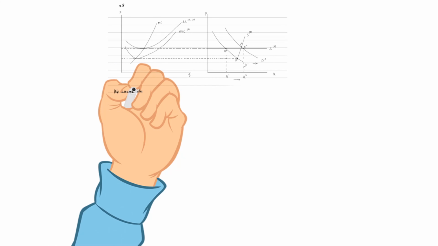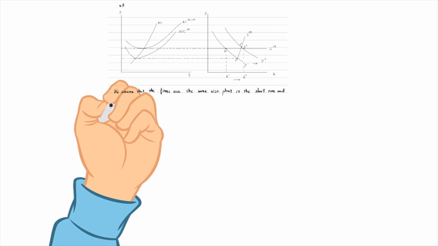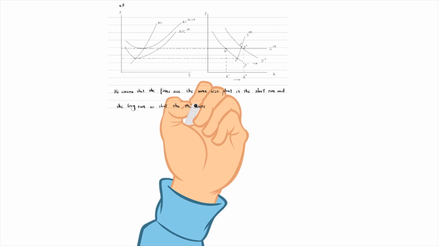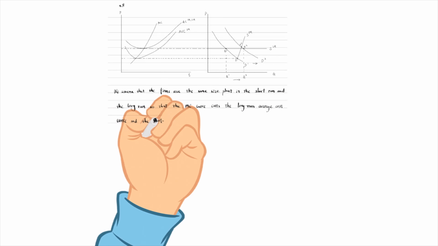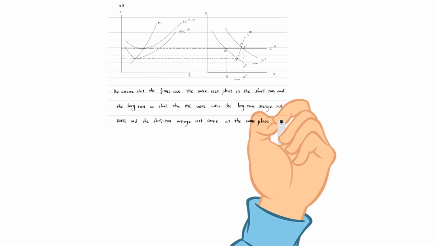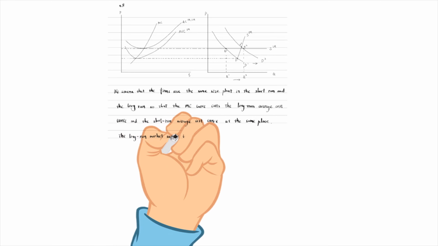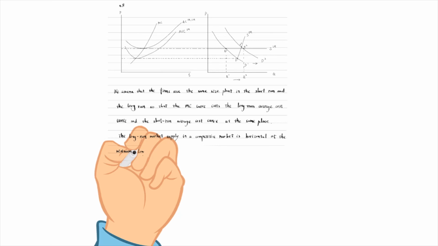We assume that the firms use the same size plant in the short run and in the long run, so that the marginal cost curve cuts the long-run average cost curve and the short-run average cost curve at the same place. The long-run market supply in a competitive market is a horizontal line at the minimum long-run average cost.